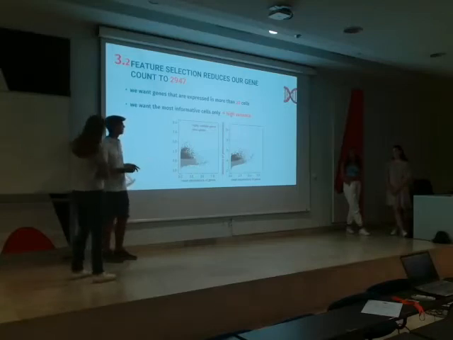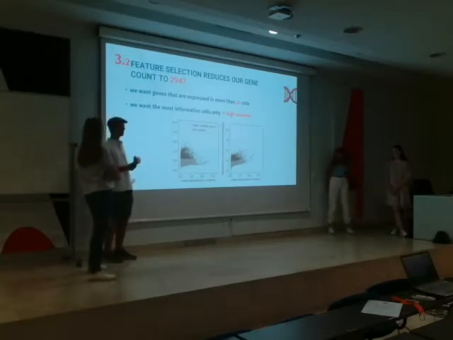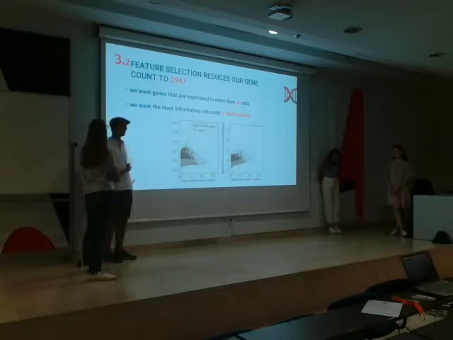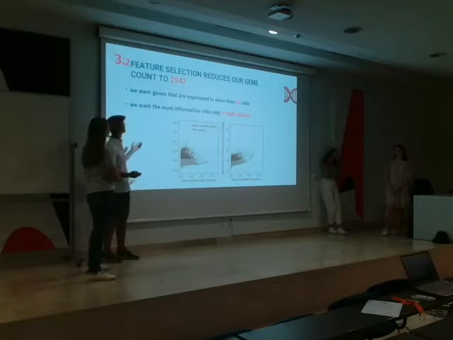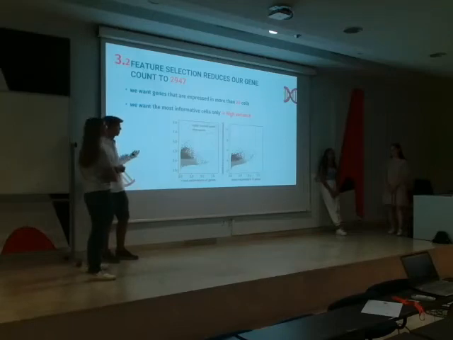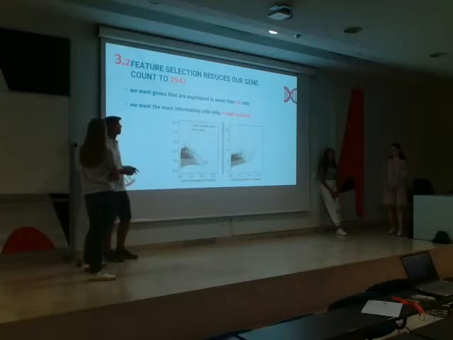We also want to only consider the genes that have a high enough variance to be meaningful in our calculations, and we do this through feature selection, which is a function that sets a threshold so we can throw out the genes that aren't variant enough in our data, and this left us with 2,947 genes in the end.